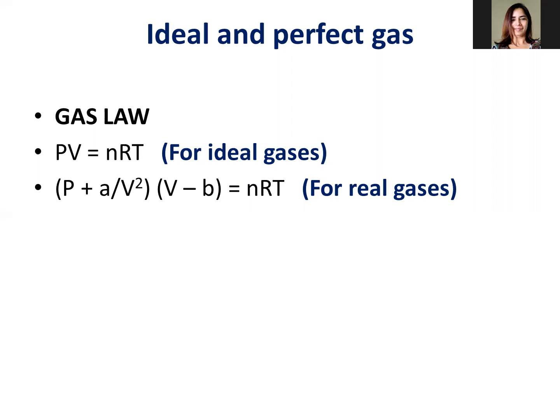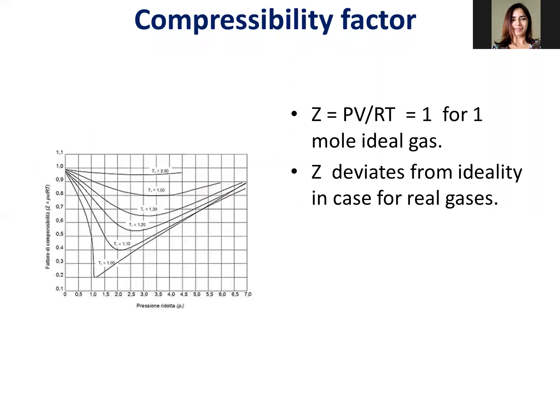For 1 mole of ideal gas, PV upon RT, that is the compressibility factor, comes to be equal to 1. Z is the compressibility factor, which is equal to 1 for 1 mole of an ideal gas.